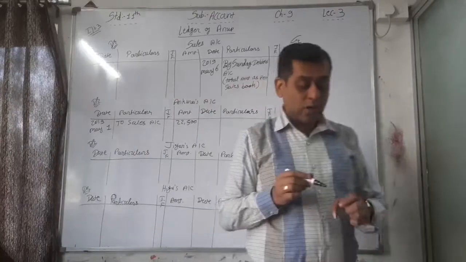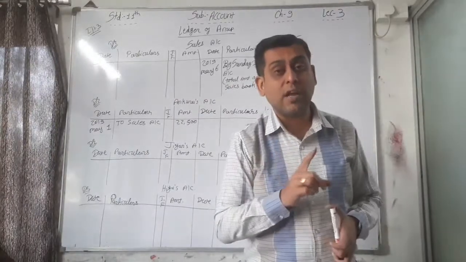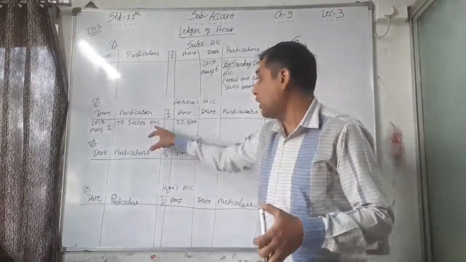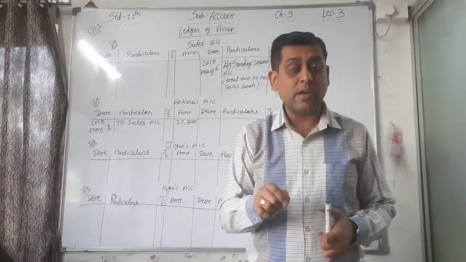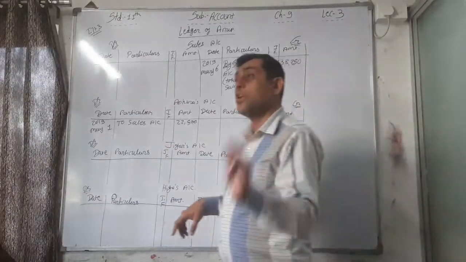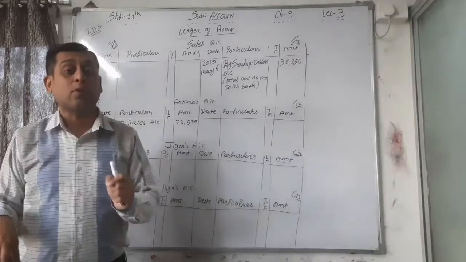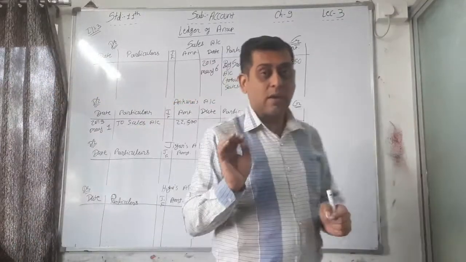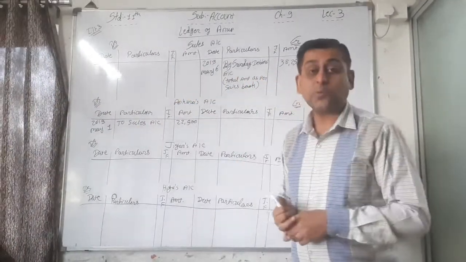But we are not recording directly. See, in the Nitin and Paresh account, we are just recording to sales account and the amount. But here we are not recording direct from the journal entry, we are recording from the subsidiary book. That's why we have to make a conclusion for that, that is as per the sales book.